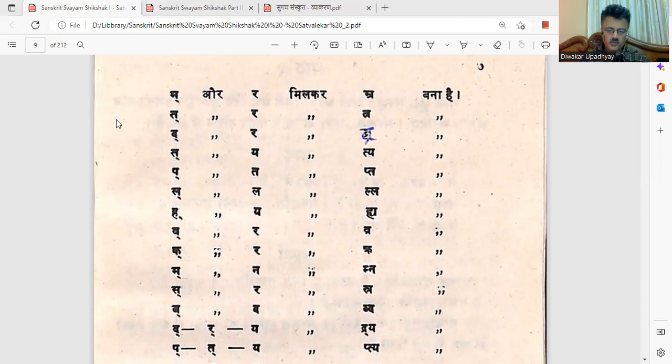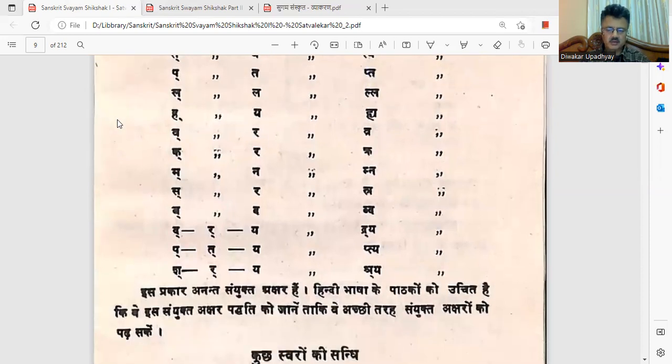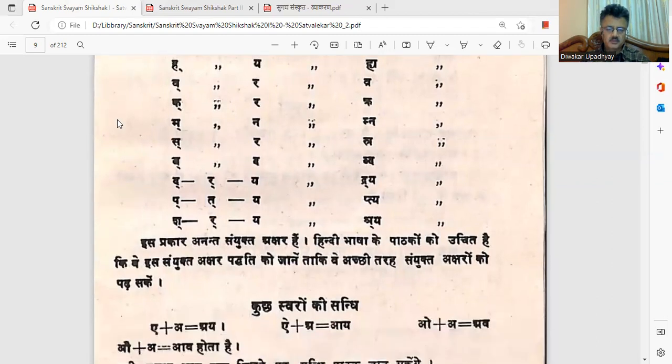La combined with La becomes Lla. Ha combined with Ya becomes Hya. Wa combined with Ra becomes Wra. Ka combined with Ra becomes Kra, as in Kram. Ma combined with Na becomes Mna.